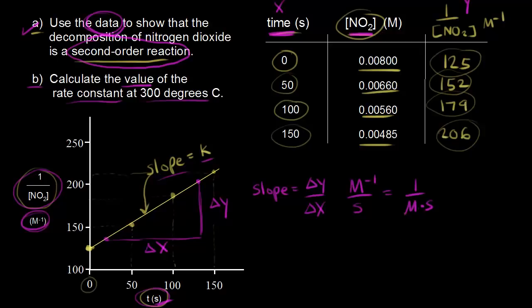We could have also figured out our unit using the rate law. Rate is equal to the rate constant K times the concentration of, we had NO2, and since this is a second order reaction, this would be squared. So rate would be molar per second, right? And then we have the rate constant K times the concentration squared, so this would be molar squared.